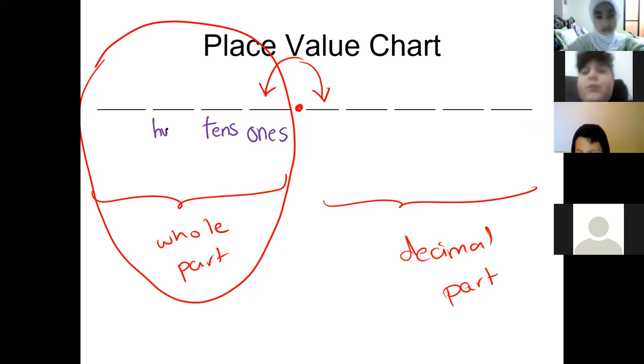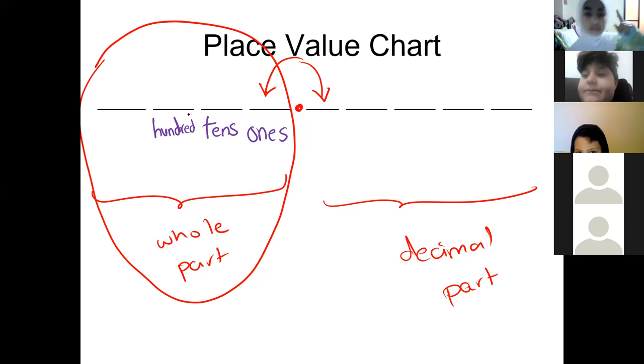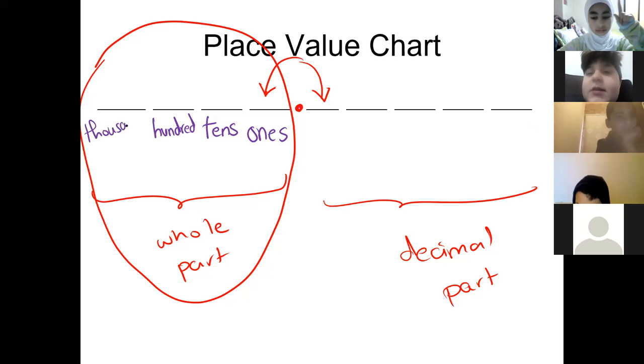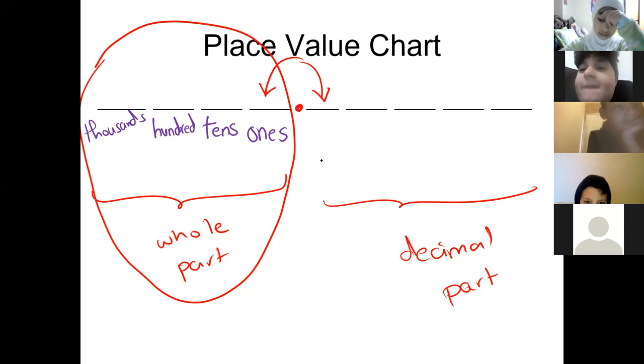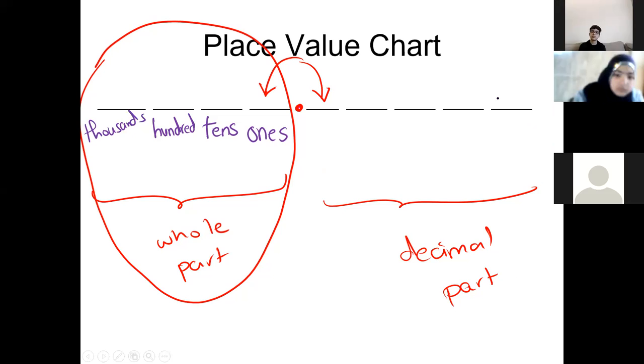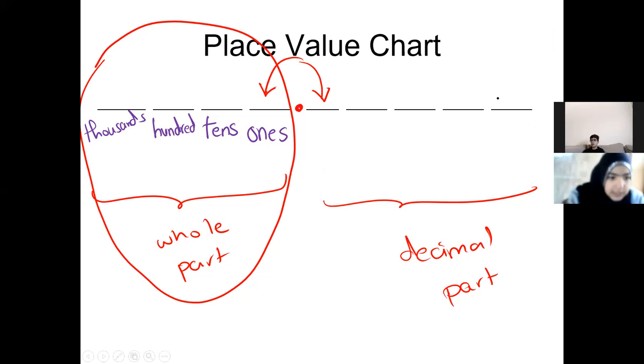Bravo. The next? 1000. So there is no th, as if it's a whole number. We start with ones, tens, hundred, thousand. Is it clear, the whole part?